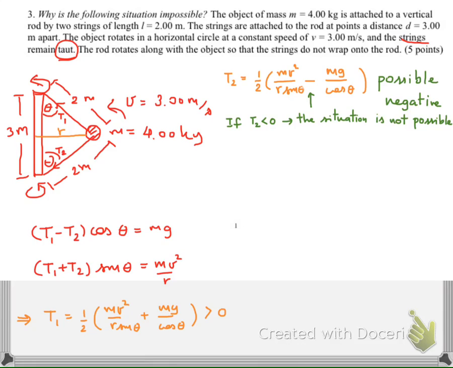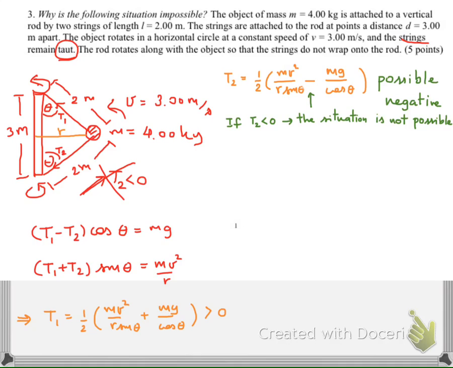If the tension is negative, it means that the direction of the tension T2 points outward like this, which is impossible. So the point is that you have to show that T2 is less than 0.